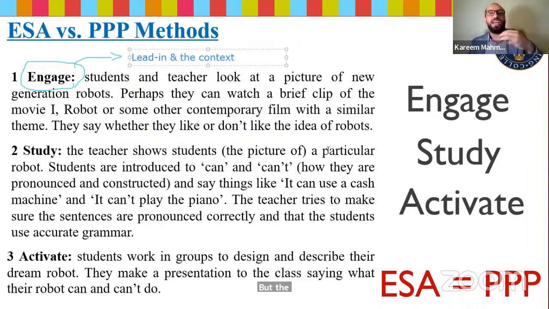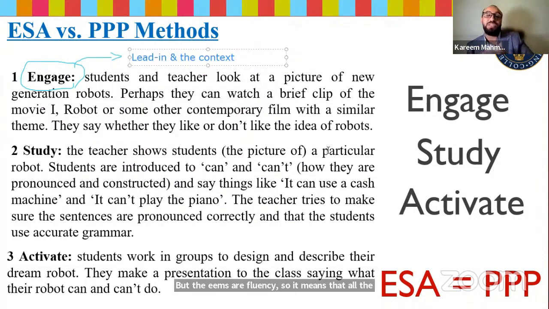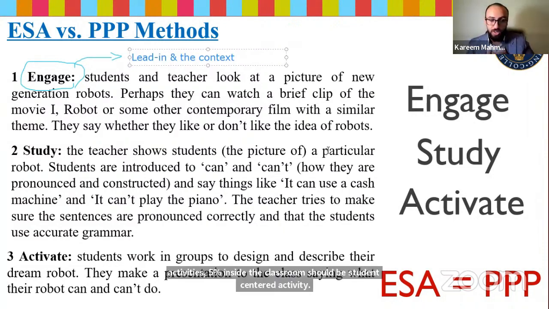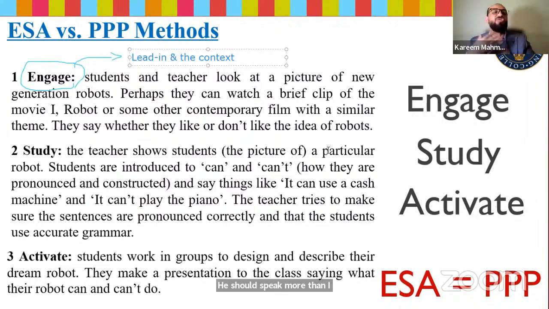So it means that all the activities I present inside the classroom should be student-centered activities. They should speak more than I do. I can facilitate, I can generate ideas with them, I can brainstorm, I can take notes, I can help them to use whatever they generate inside the classroom in the activity, eventually in the activity stage.